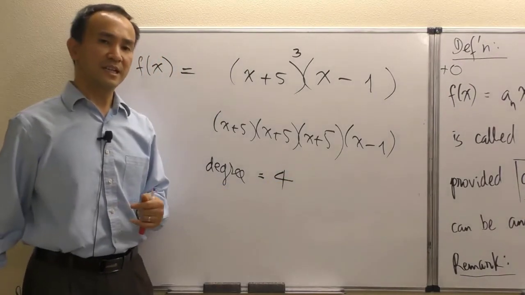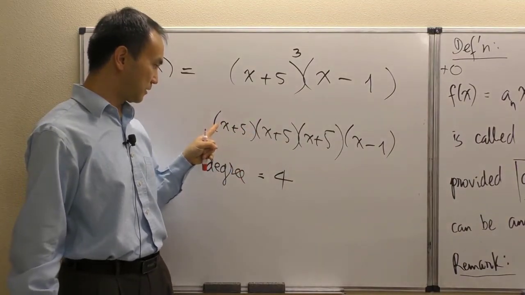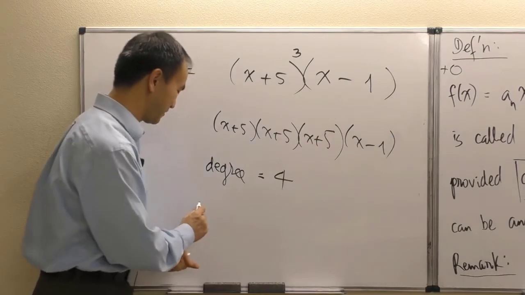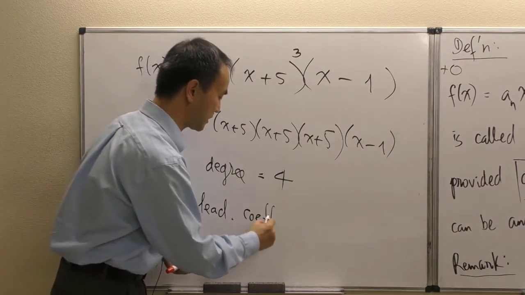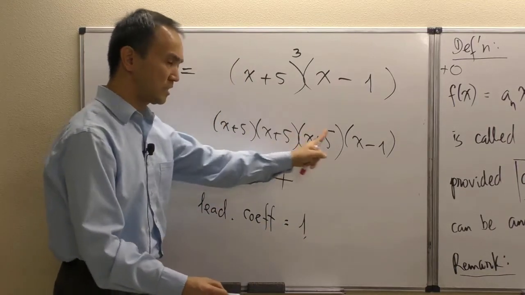All right. And then leading coefficients again. Right from here, you can see coefficient 1, coefficient 1, coefficient 1, and coefficient 1. So the leading coefficient finally would come out to be 1, because 1 times 1 times 1 times 1.